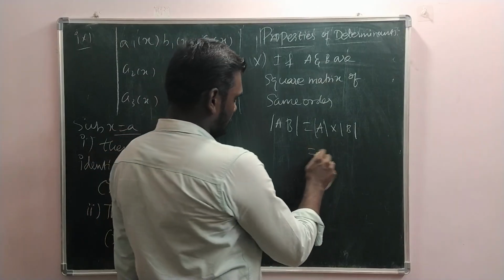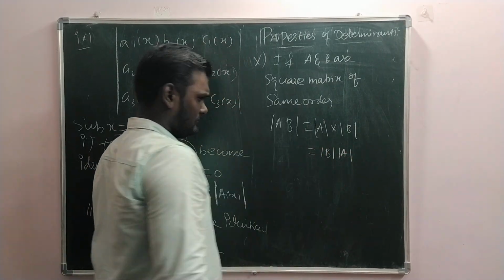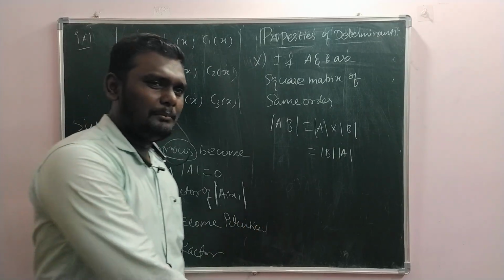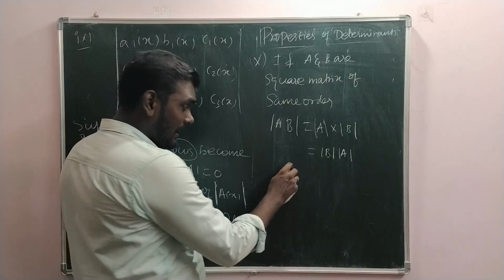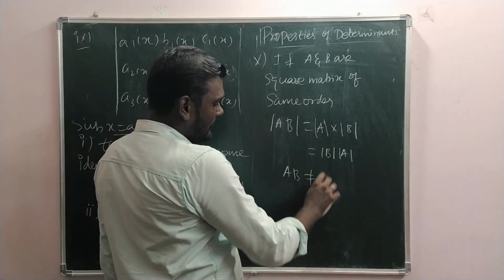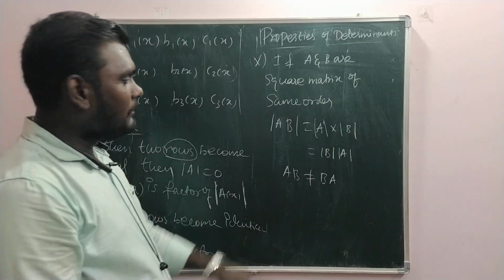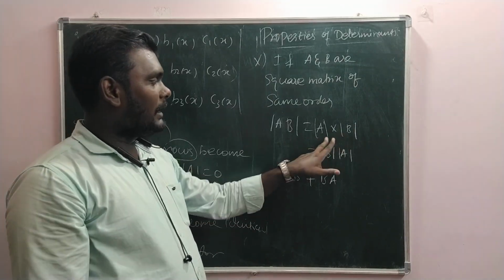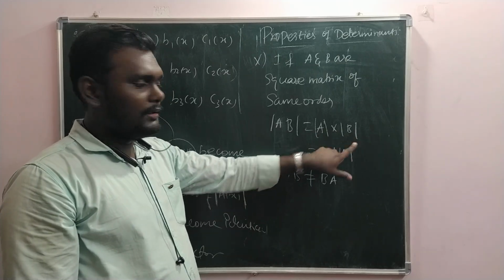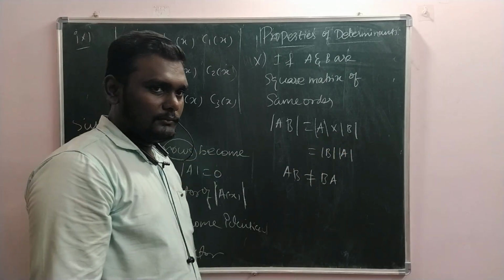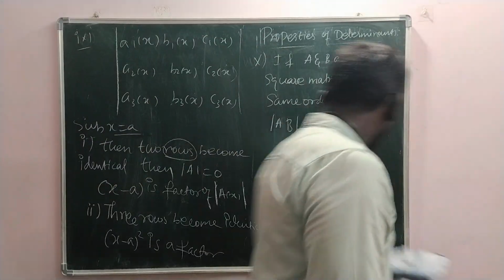Sometimes they might say that it is equal to determinant of B into determinant of A as well. They are numbers. But in matrix multiplication, AB is not equal to BA. That you remember always. When it comes to determinants, they can be interchanged because they are numbers, like 4 threes are 12 coming. So don't get confused, don't get twisted for this.